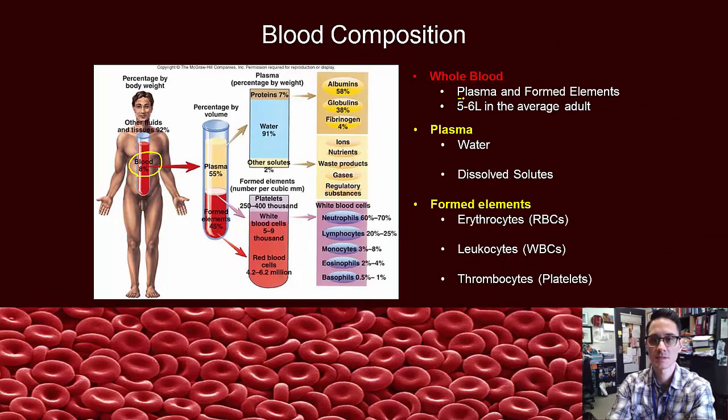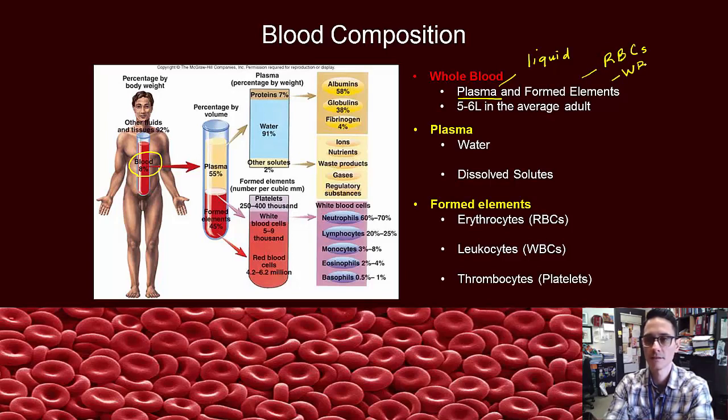The first one is plasma, which is the liquid component of our blood, and formed elements. Formed elements are our red blood cells, our white blood cells, and cell fragments called platelets. Each of those formed elements has a particular function, and we'll talk about those formed elements in some detail.